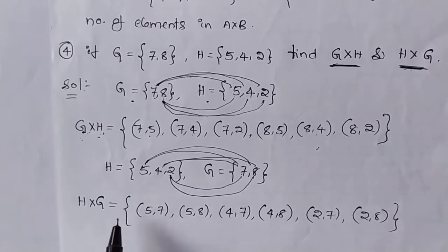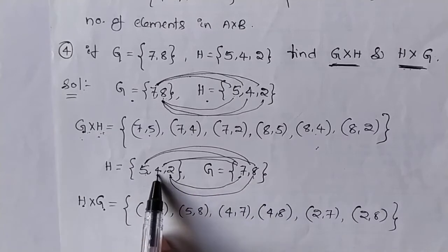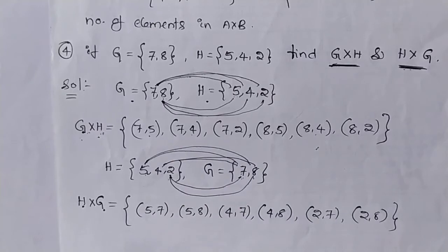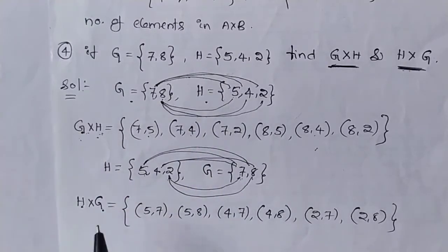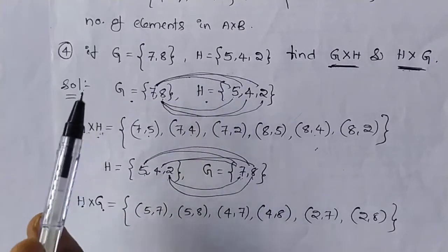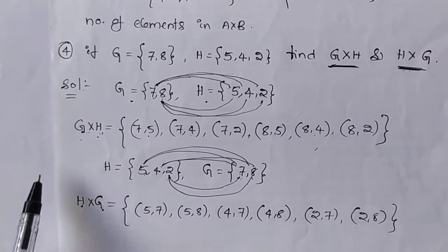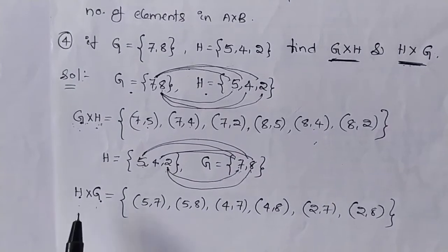It is the Cartesian product of H and G: 5, 7; 5, 8; 4, 7; 4, 8; 2, 7; 2, 8. This kind of example I already told you in our previous class, where we took A and B and found A cross B and B cross A. Therefore, can we say that G cross H and H cross G are equal?